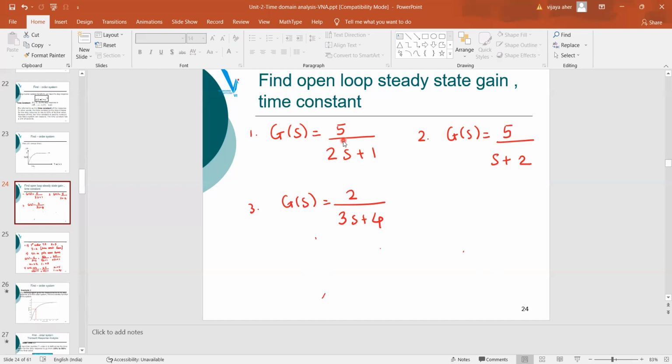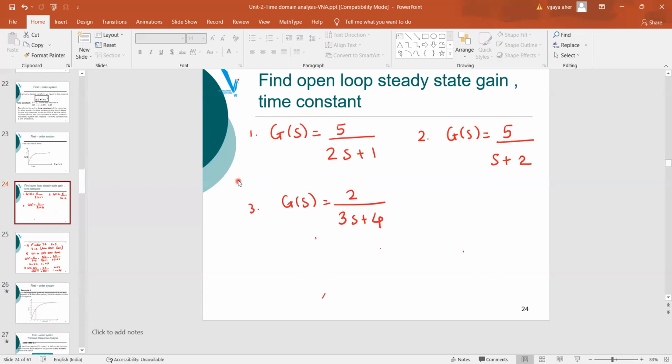K divided by tau s plus 1, right? So what is the value of K? K constant, that is what you call steady state gain. K is equal to 5. What is the time constant? Time constant tau is nothing but 2. You are going to find the open loop steady state gain and the time constant for this given example.